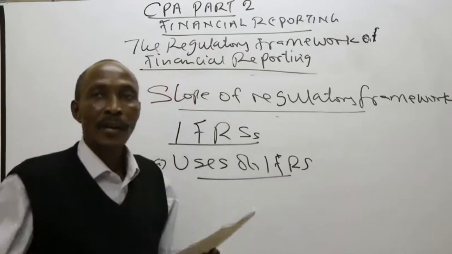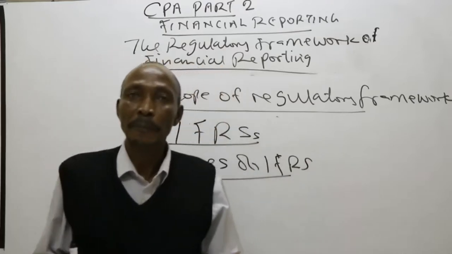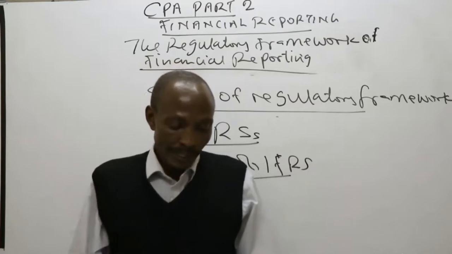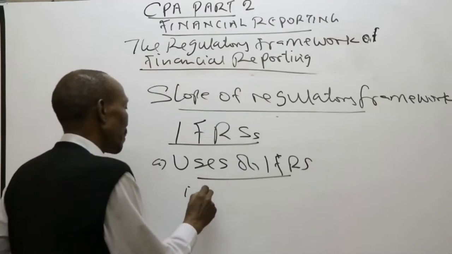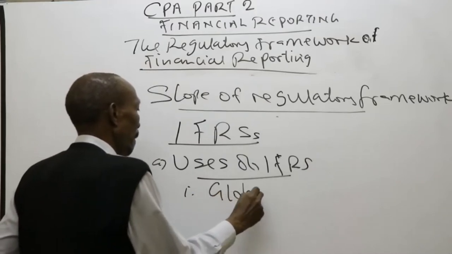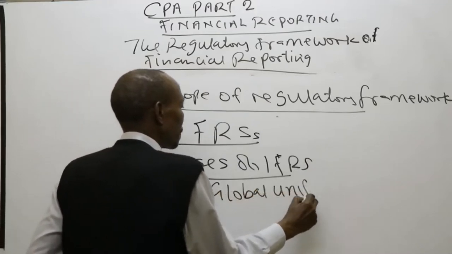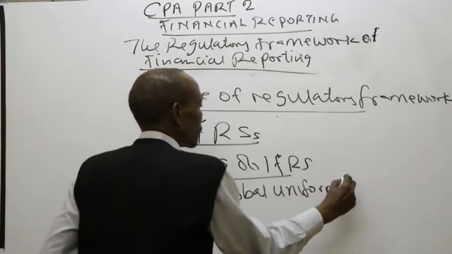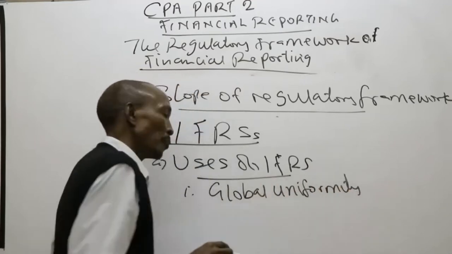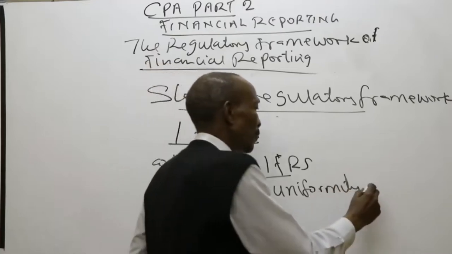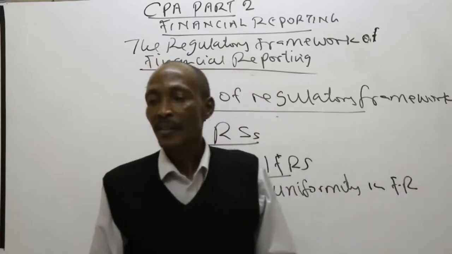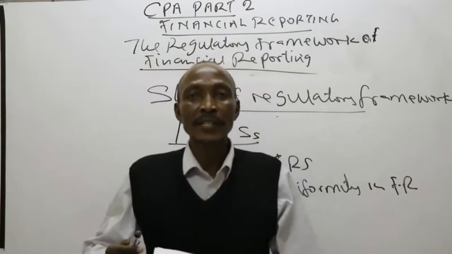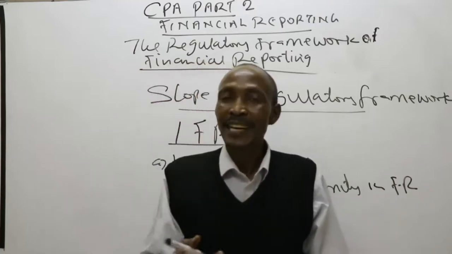That is, when the International Accounting Standards Board prepares a standard, what exactly do they have in mind? One is to bring about global uniformity in financial reporting. The manner in which accountants in Uganda, Kenya, Sudan, US present financial statements should be largely the same.